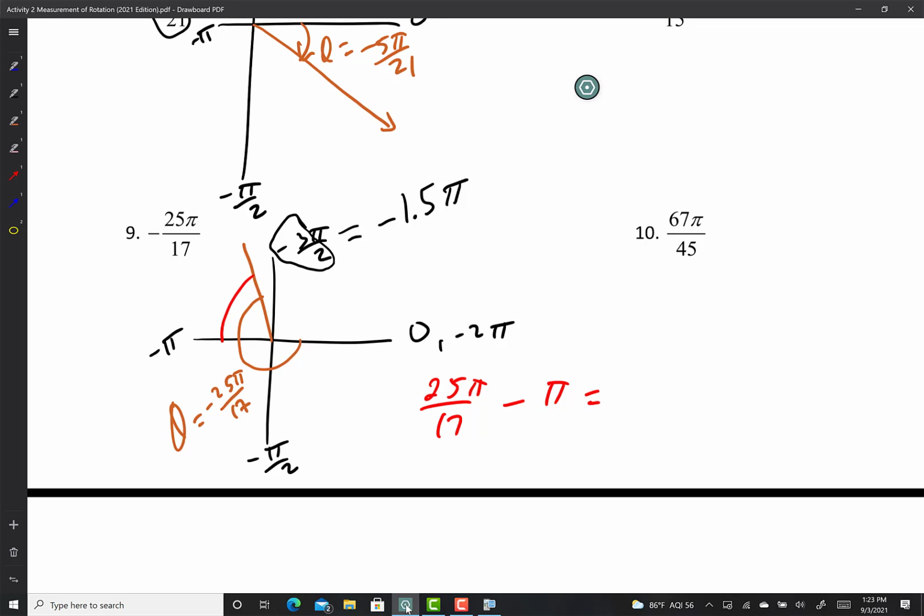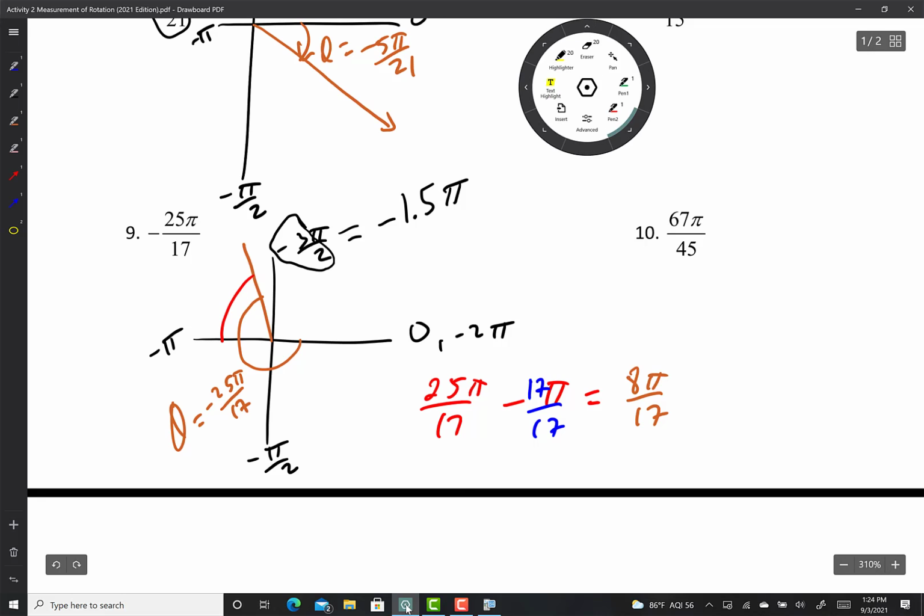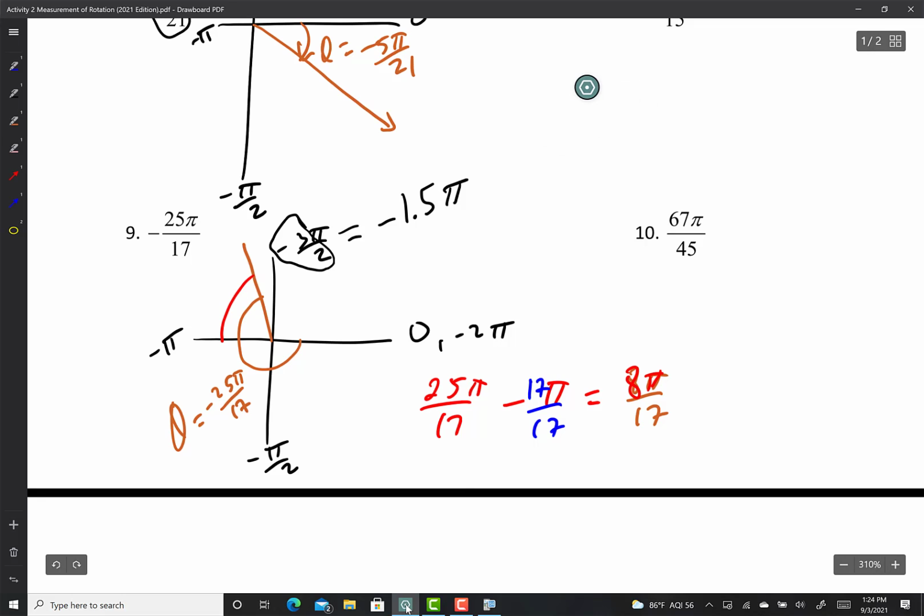Yeah, you do. 17 over 17. What's the difference between 25 and 17? So this is 8 pi over 17, and that's your reference. Eight pi over 17, theta r.